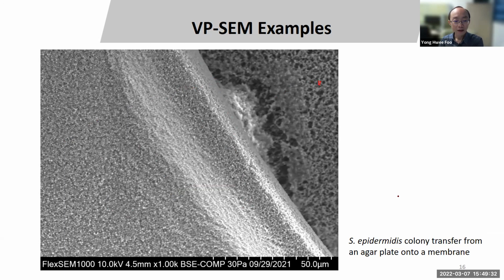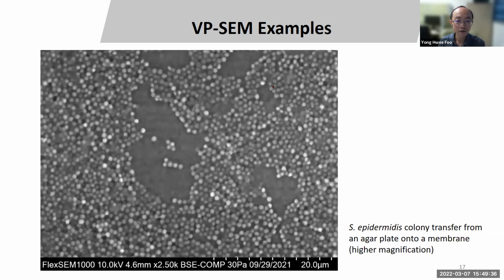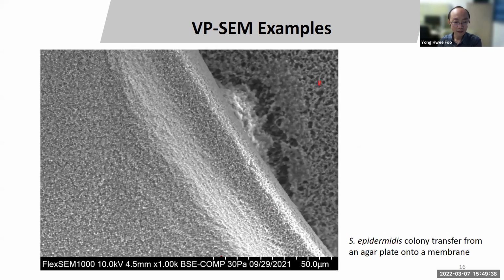However, if you go to higher magnification, for example here, what you see is about 50 microns across. This is 50 microns, and you have about 1,000 times magnification.